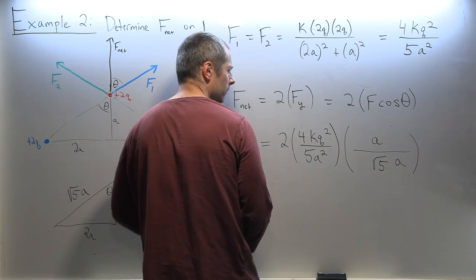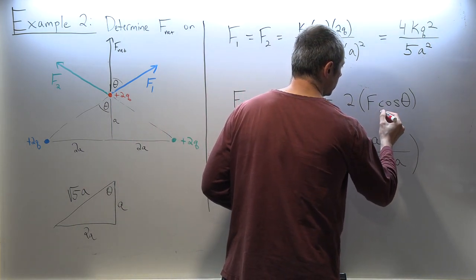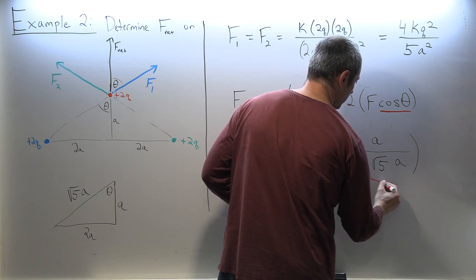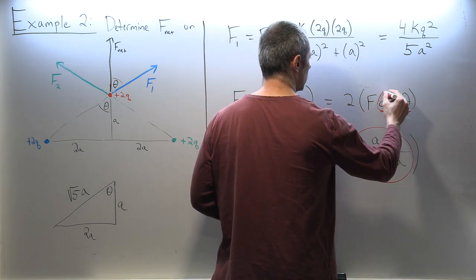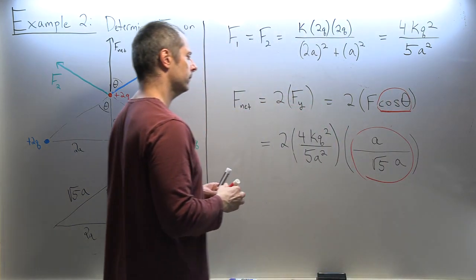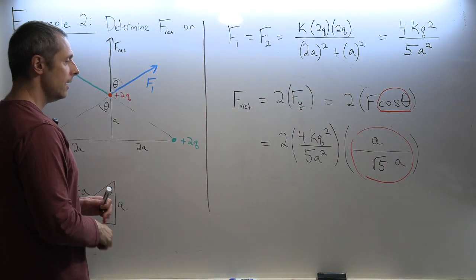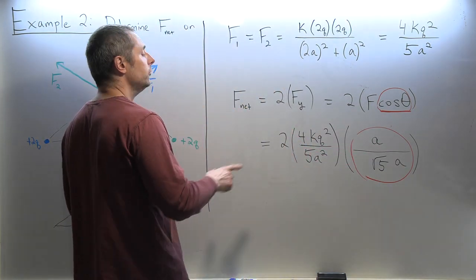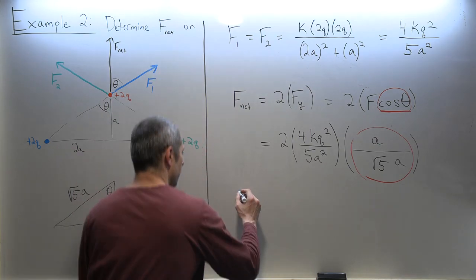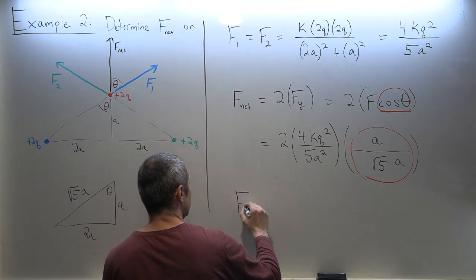So this is cosine right here. Okay, the a's over here cancel, giving me an extra radical 5.